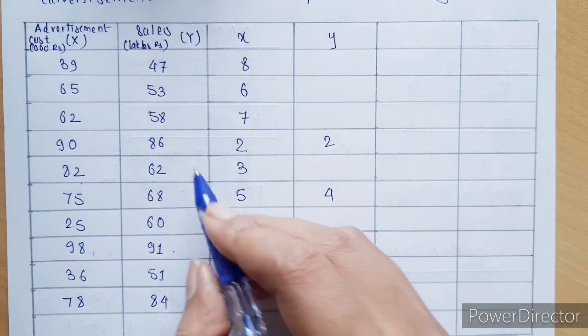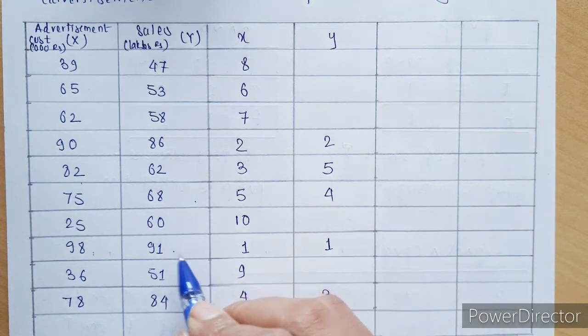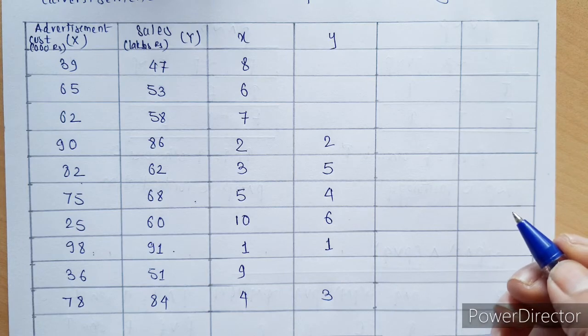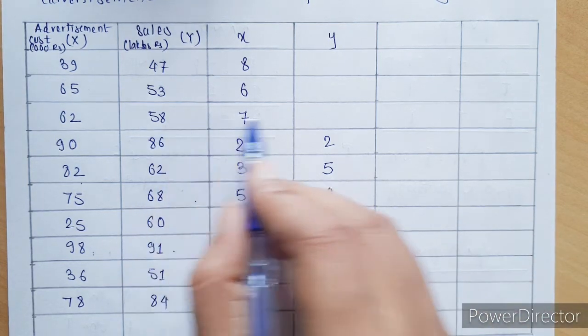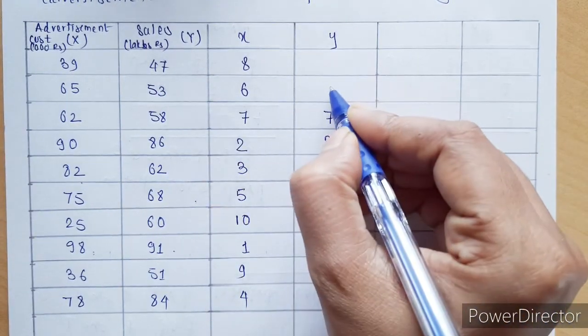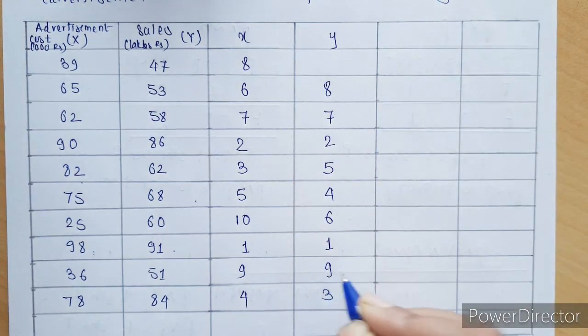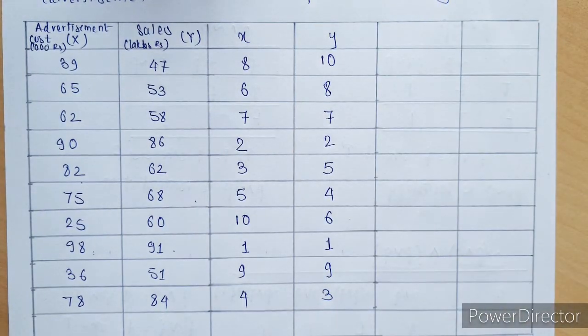After 68, we have 62, so rank 5. Then after 62, we have 60, so rank 6. After 60, we have 58, so 7. After 58, 53, rank 8, then 51, and the last is 47. Okay, so we are done with assigning ranks.